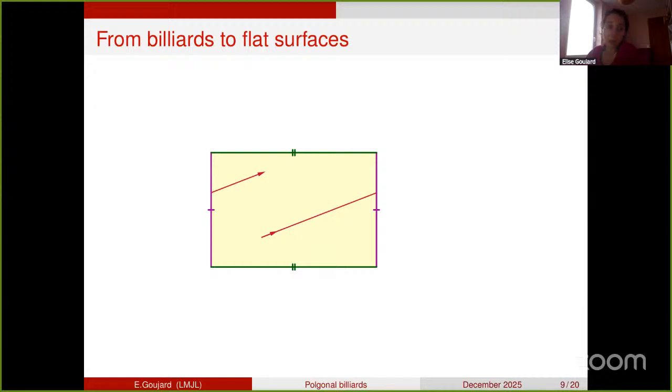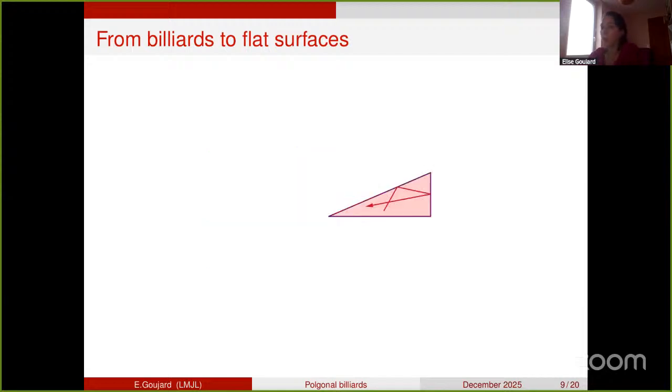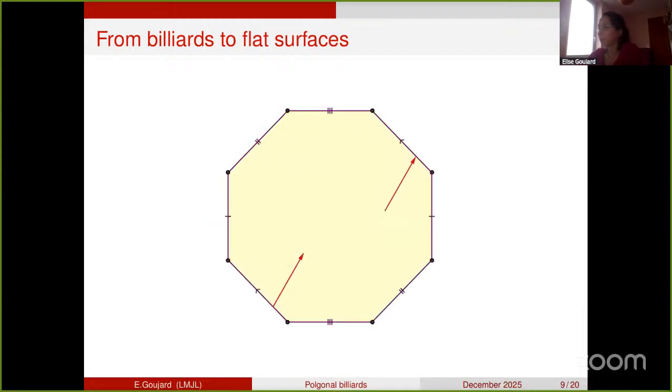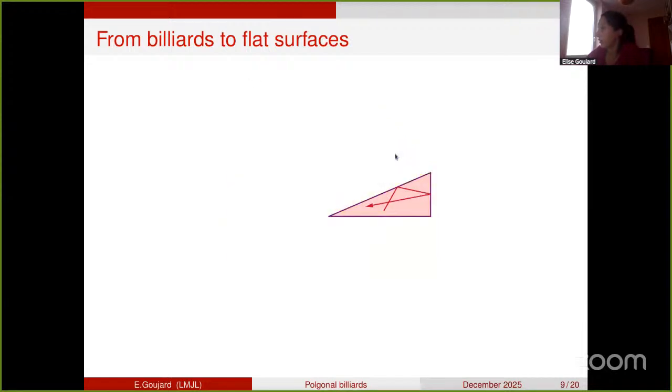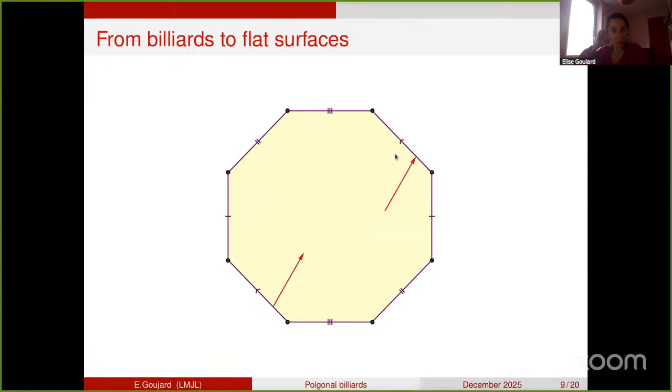And this has a name. This is the family of surfaces that we study when we look at the dynamics in these billiards. It's called translation surface. So this is the example for the unfolding of this triangle, for instance. We get also the linear flow in some other genus 2 surface here.